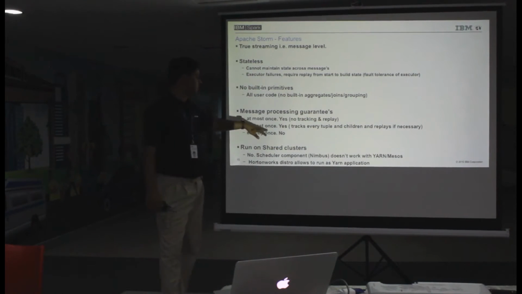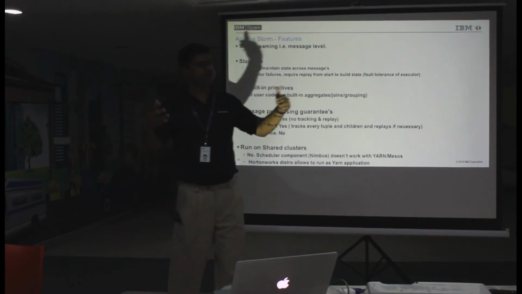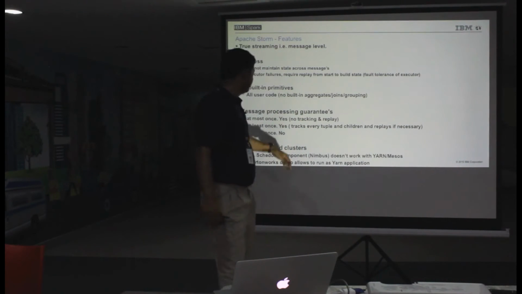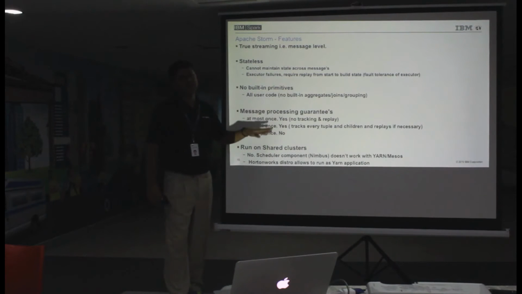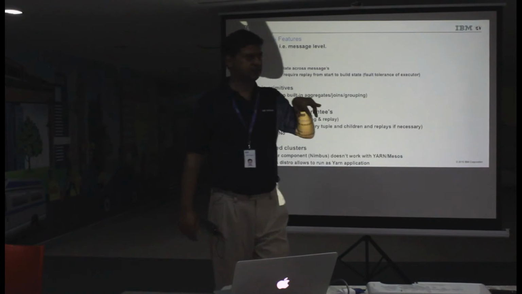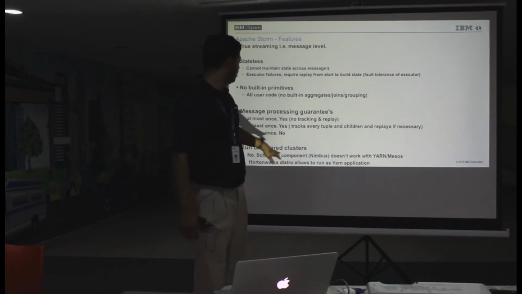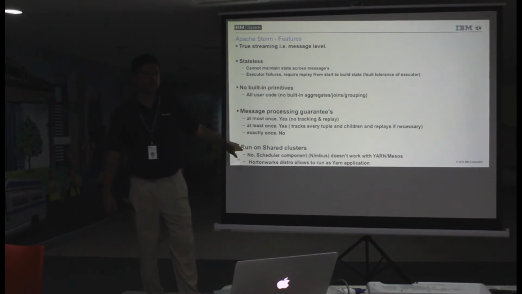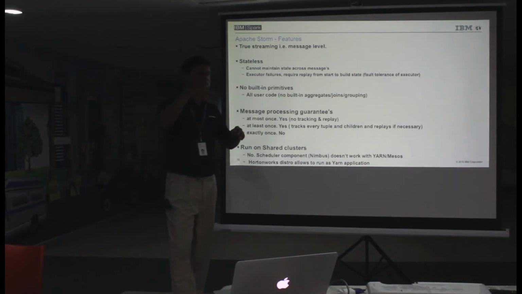You can actually set him up to actually do track and replay, right? But when you do the track and replay, he doesn't guarantee that duplication will not happen. So that's the problem, right? So you will get at least once, you don't get exactly once, right? When you turn on this, he might replay some data in duplicate.